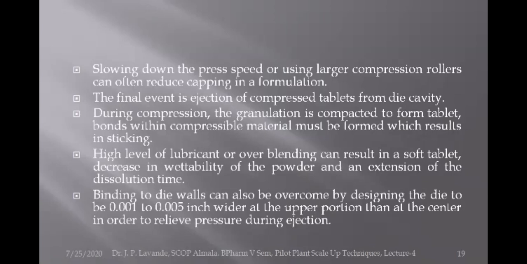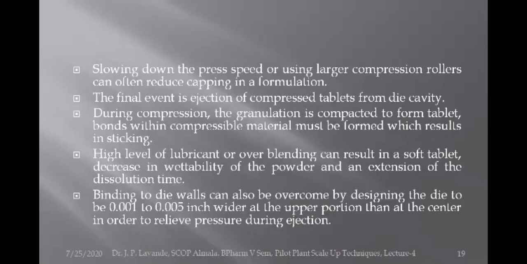Binding to die walls can also be overcome by designing the die to be between 0.01 to 0.05 inch wider at the upper portion than at the center, in order to relieve pressure during ejection. Very true.